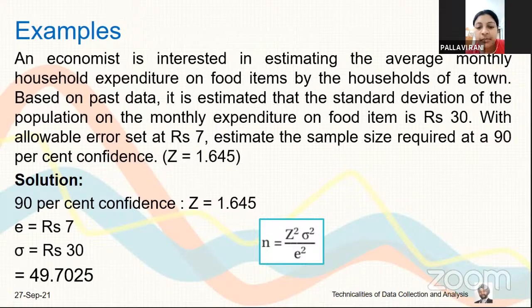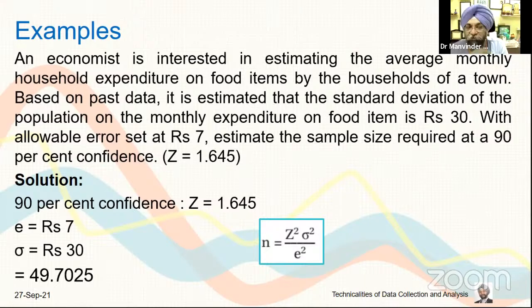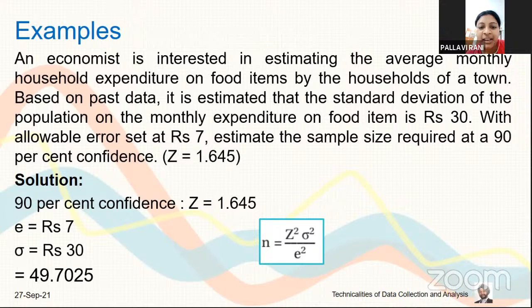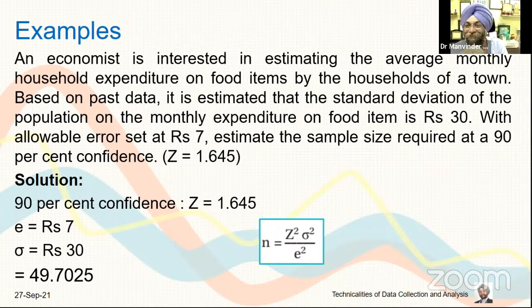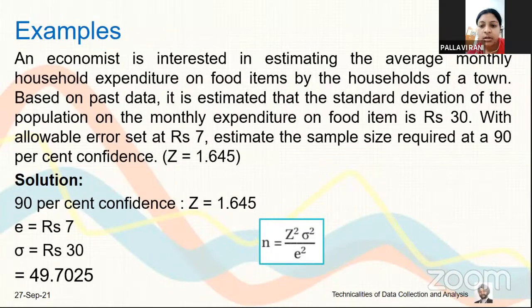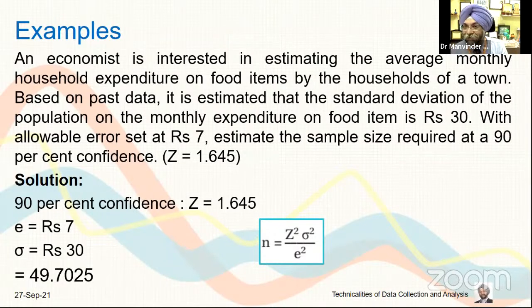Now, if such a thing comes, this is a sample. Can you take 49.5? No. So we have to take 49 or 50? You have to take 50 only, even if it is 49.01, you have to round it up. Why am I not using 49 over here? If it were a percentage, I could have used 49.